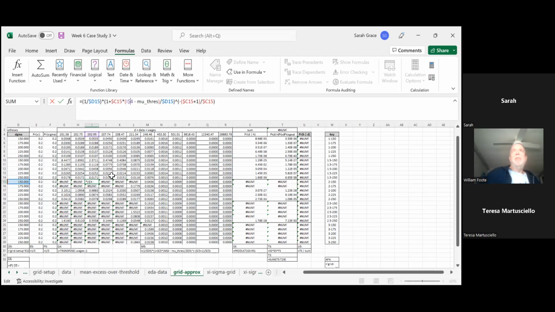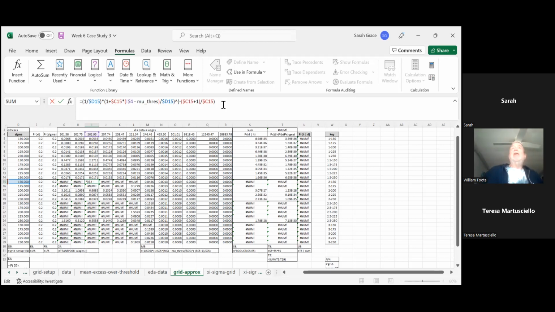So one of the things that you would have to do here is say in that formula, if Mu threshold is greater than, in this case, I$4, if it's greater than that number, this is an illegal, inadmissible calculation.